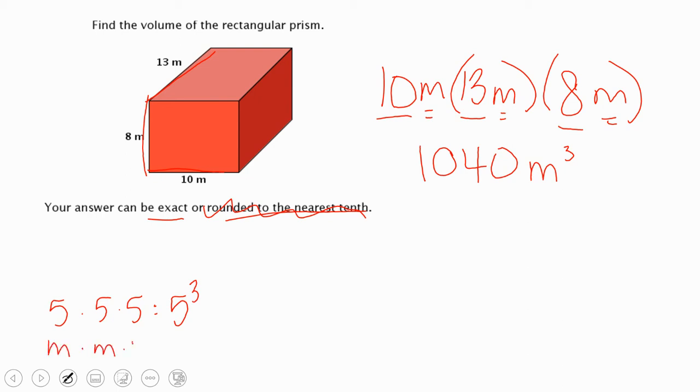If you had meters times meters times meters, that's meters cubed. That's why for area, it was always squared, because you would only have two dimensions, meters times meters. So area is always squared, volume is always cubed. Two dimensions, three dimensions. So you get your final answer of 1,040 meters cubed.